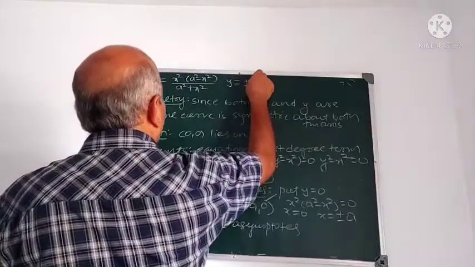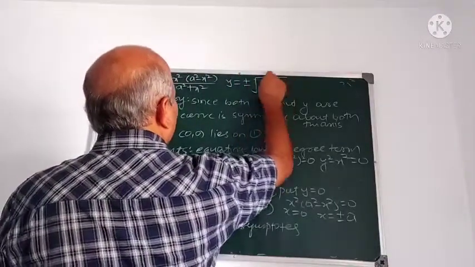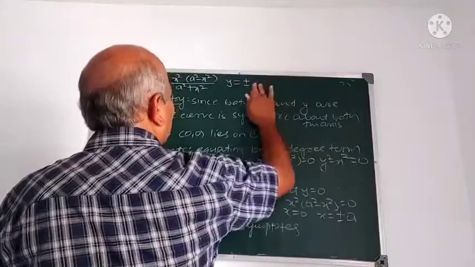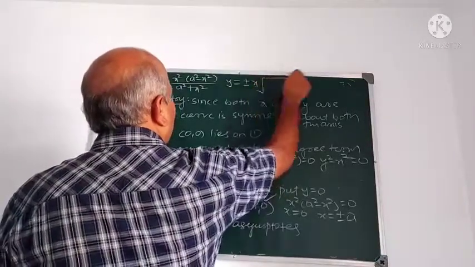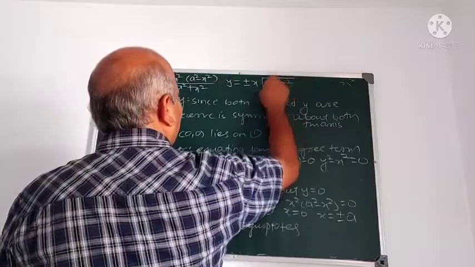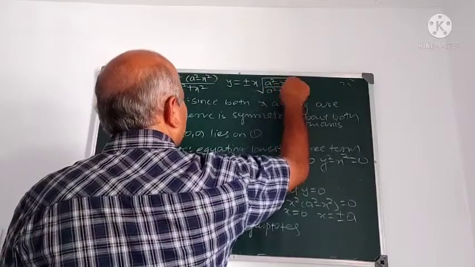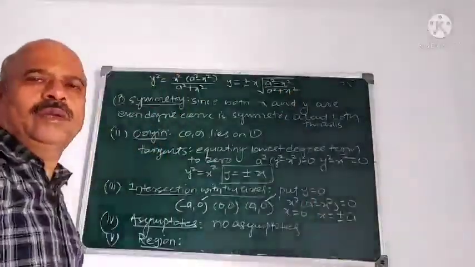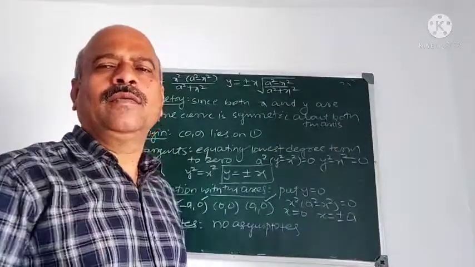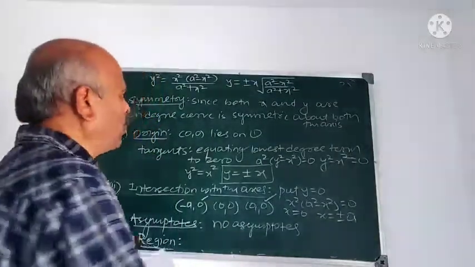Therefore y is plus or minus x root of a square minus x square by a square plus x square. To find the region, first you have to solve the equation for y.